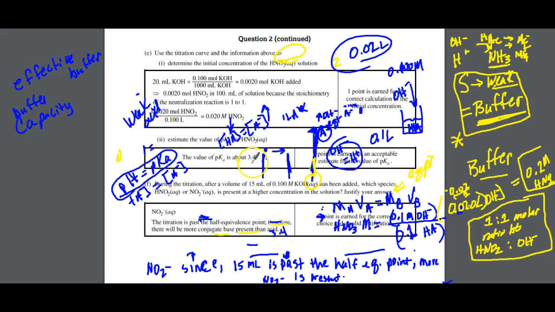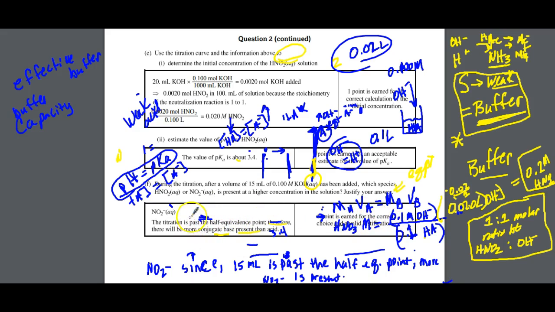The pKa is about 3.4, so you would have gotten credit for something above or below that. But we got it, so you remember what I did when I went and said, where's halfway and how close was I to halfway? Okay, so here's the answer for the equivalence point. So that's a point. 1 point is earned for the correct choice and a valid justification.